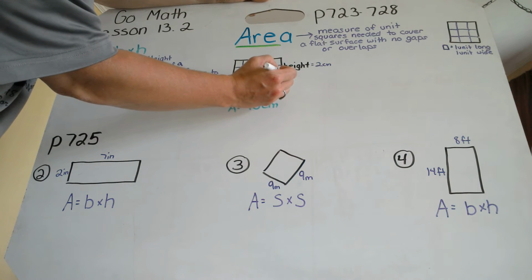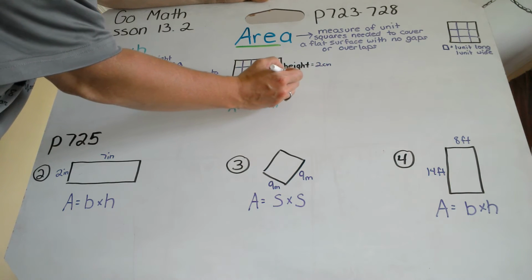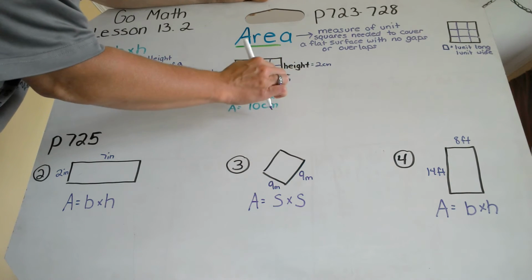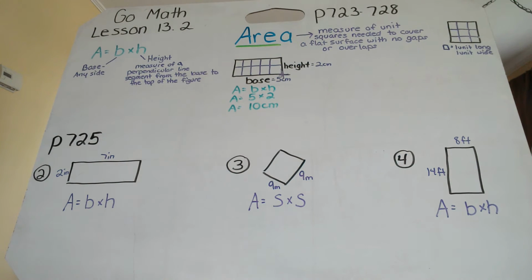Perpendicular, if you remember, it forms an L. So if I were to continue drawing this line, it would form that L right there, or those 4 right angles. So then this side would be your height, okay? But most of these problems, it's telling you your base and telling you your height. So no need to worry about that. The big thing is getting this formula down and doing your multiplication correctly.